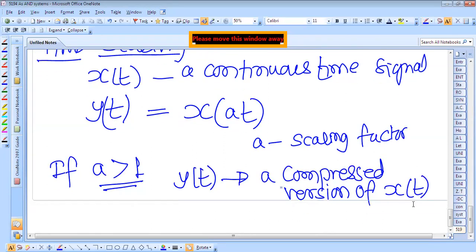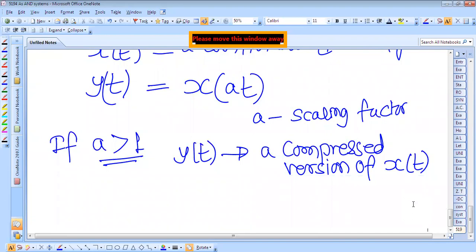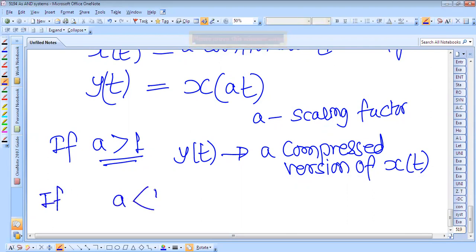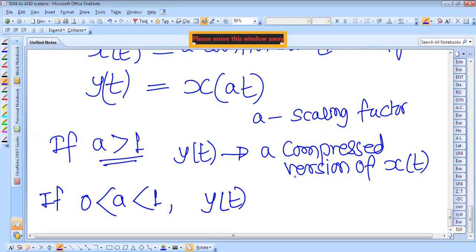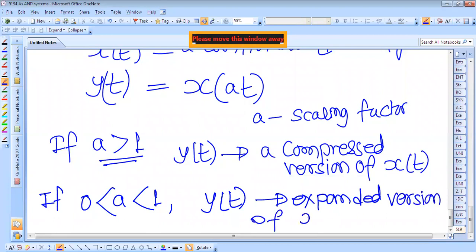If a is less than 1 but greater than 0, then the signal y of t is an expanded version of x of t.